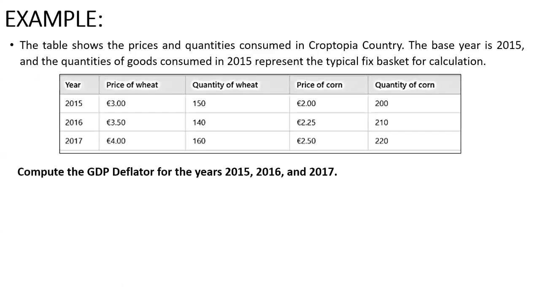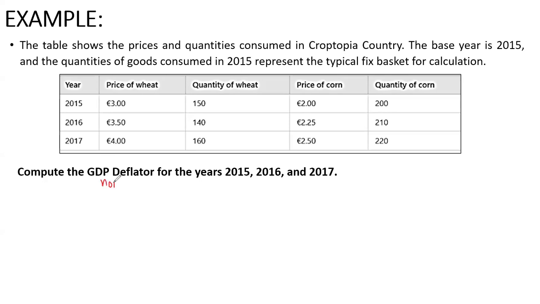So let's proceed now with the example. Here we have the same example, but we are going to compute the cost of living based on the GDP deflator. The first step is to compute the nominal GDP.